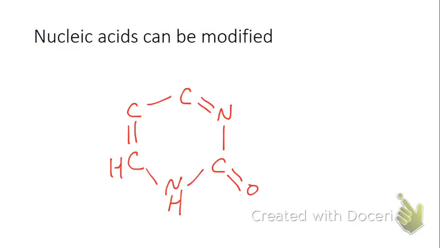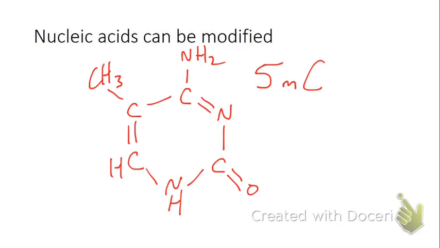We know that the 5th position of cytosine can be methylated. This is known as 5-methyl cytosine, or 5-MC. Right? So 5-methyl cytosine plays a huge role in our bodies, in our gene expression. Whoops, I forgot that. In everything that we do. So we'll talk about this more in class, but I just wanted to bring this structure up to you. If you have any questions about it, please come see me.